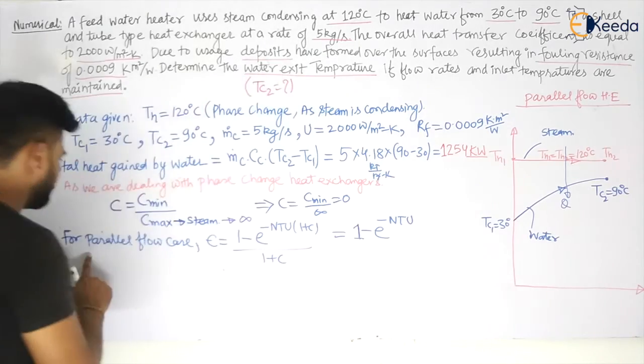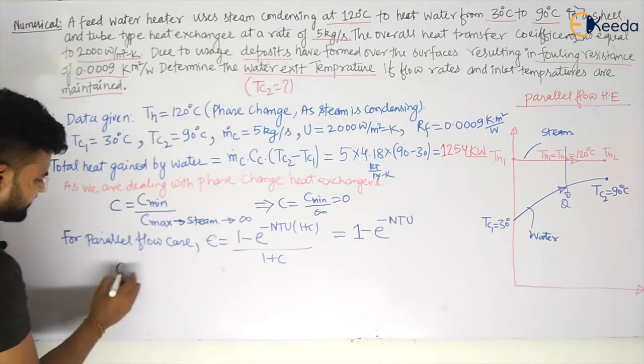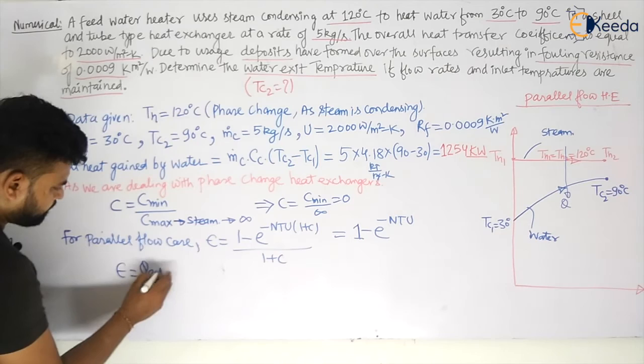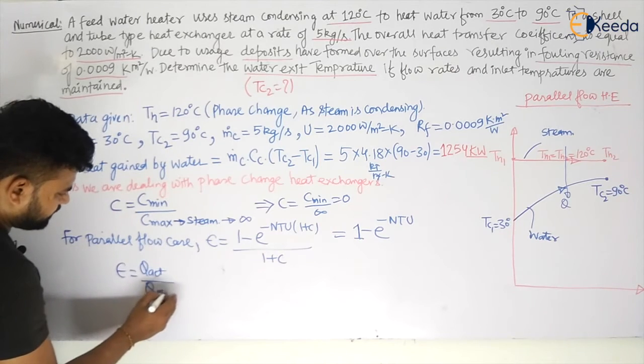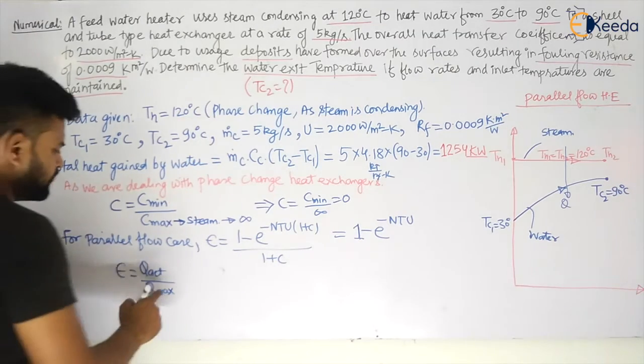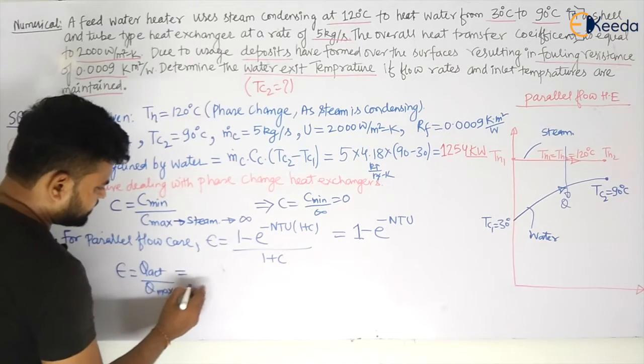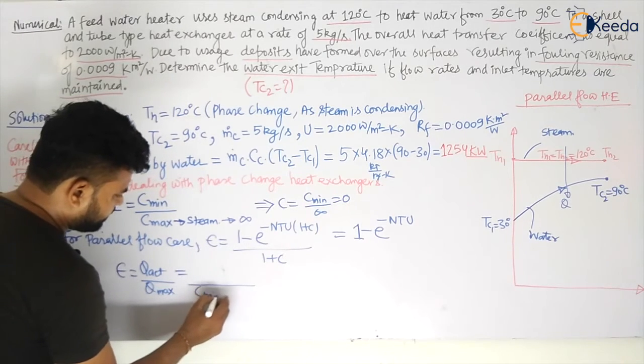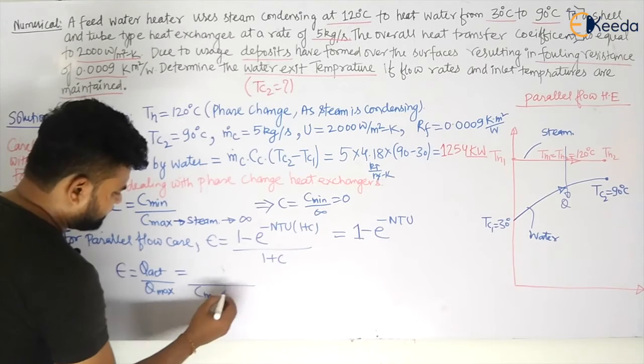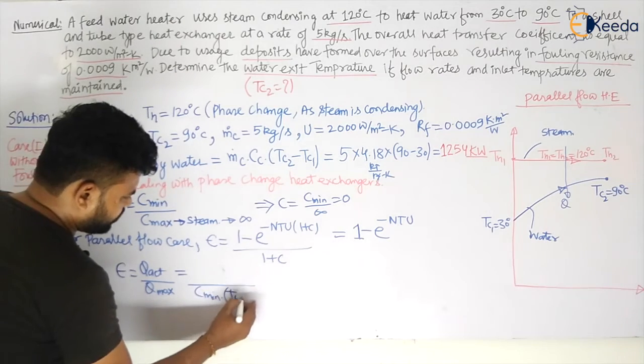And how can we calculate this effectiveness? Effectiveness is given by Q actual divided by Q maximum. What will be Q maximum, where C minimum is occurring? Yes, C minimum we know for the water, multiplied by the temperature change, that is TH1 minus TC1.